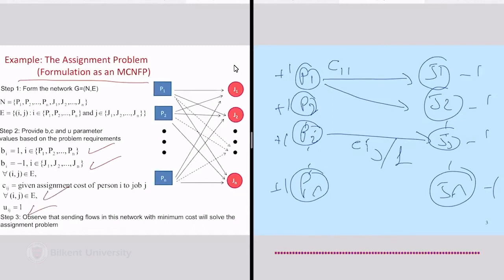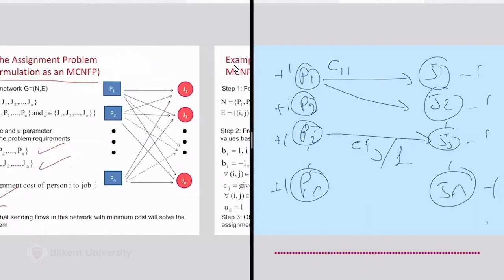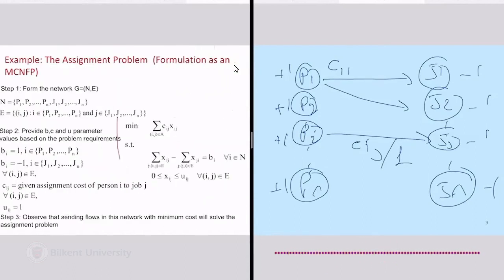Now, think about it. If I solve this problem over this network I just created, minimize the total sum of Cij Xij, subject to each person sending out 1 and each job having -1.